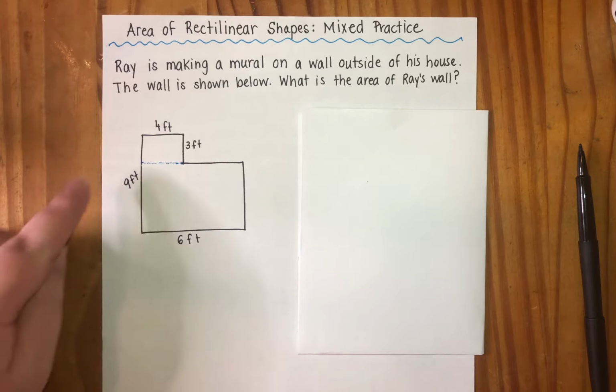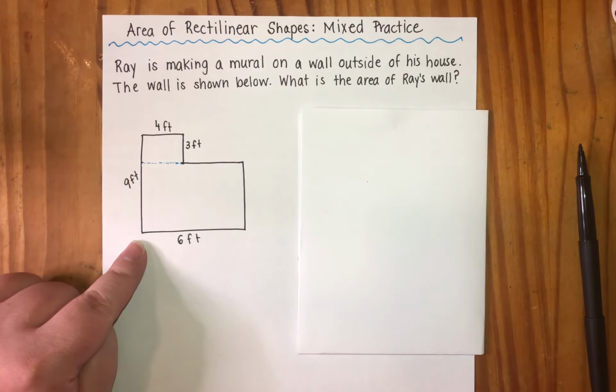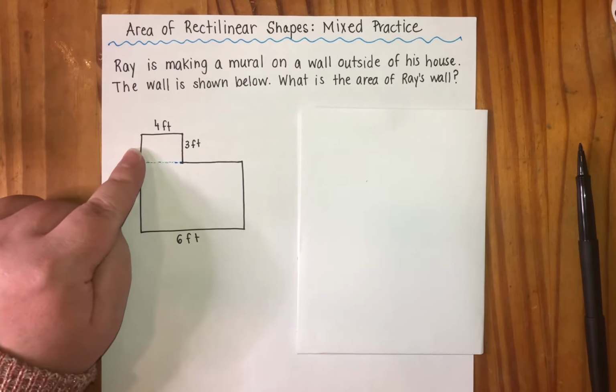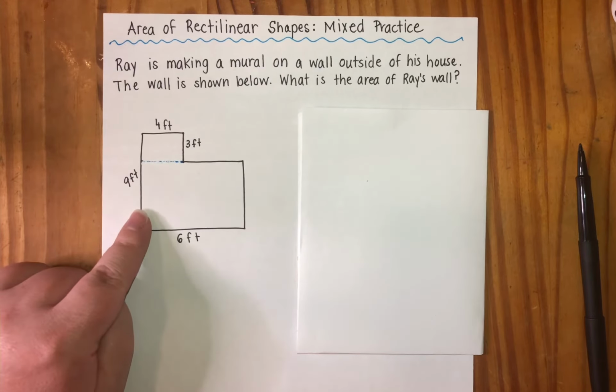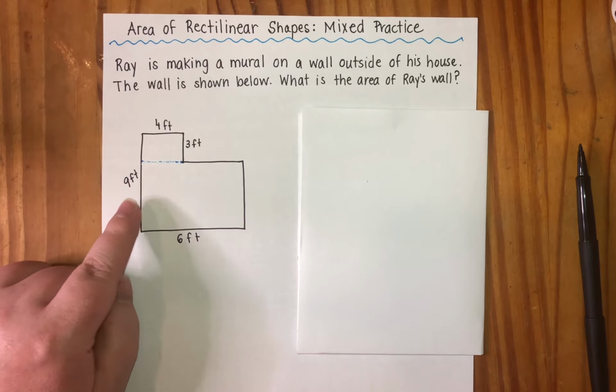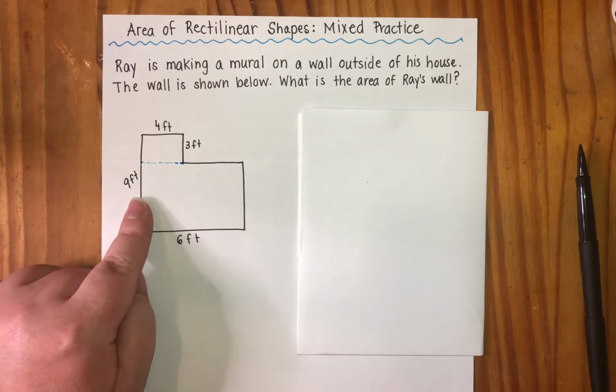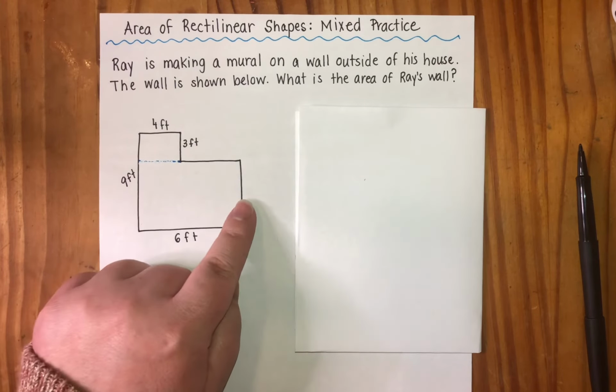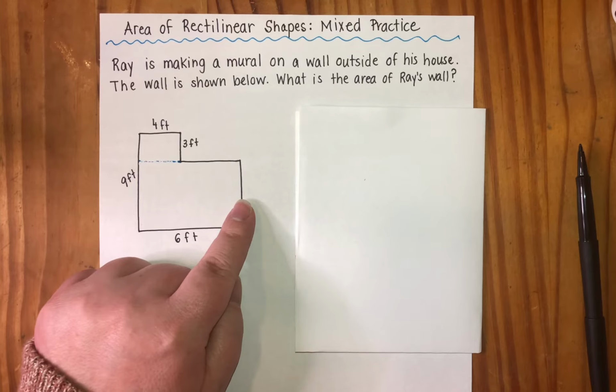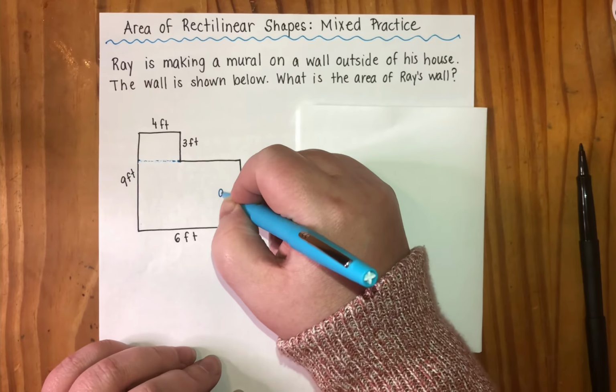Since the whole long side is worth 9 feet, and the top part is worth 3 feet, then the bottom part of the line must be 6 feet, because 9 minus 3 equals 6. And since opposite sides of a rectangle are equal, we know if this part is 6 feet, then its opposite side must also be 6 feet.